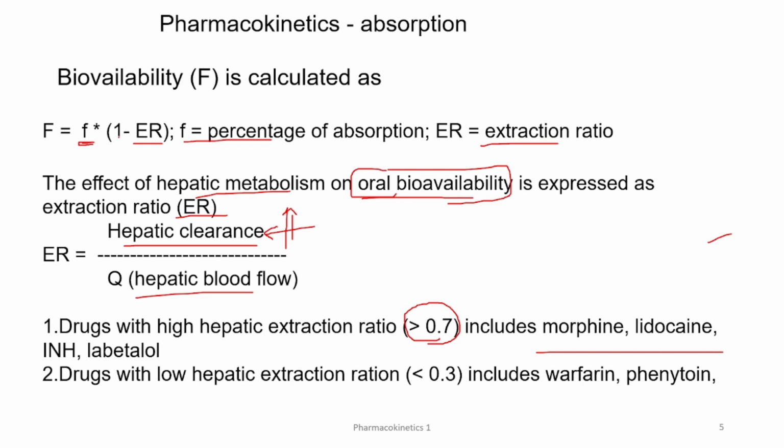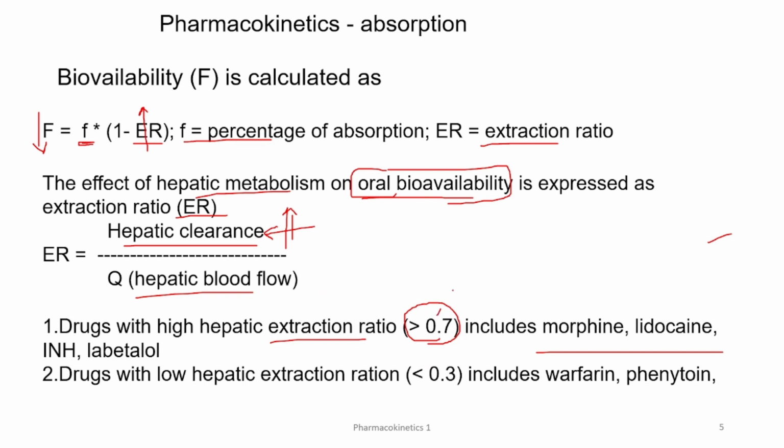And when we have a significant extraction in the liver, then the bioavailability will be lower. Because as you see here, if this extraction ratio becomes higher and higher, then 1 minus this higher amount becomes closer to 0.